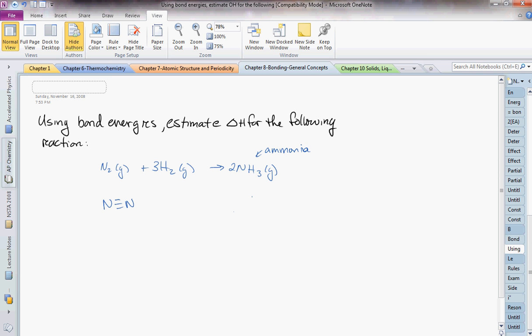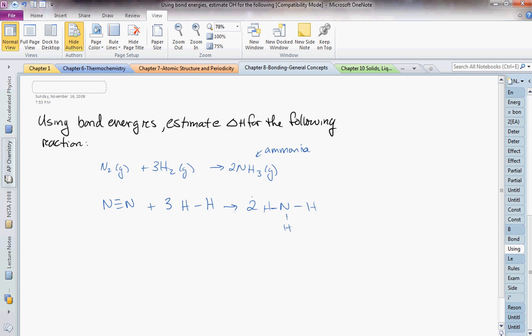And then we have 3 hydrogen molecules, and the hydrogen molecule has a single bond between the two hydrogens, and that's going to form 2 ammonia molecules. Now in the ammonia molecule, there are 3 single nitrogen-hydrogen bonds in each molecule.